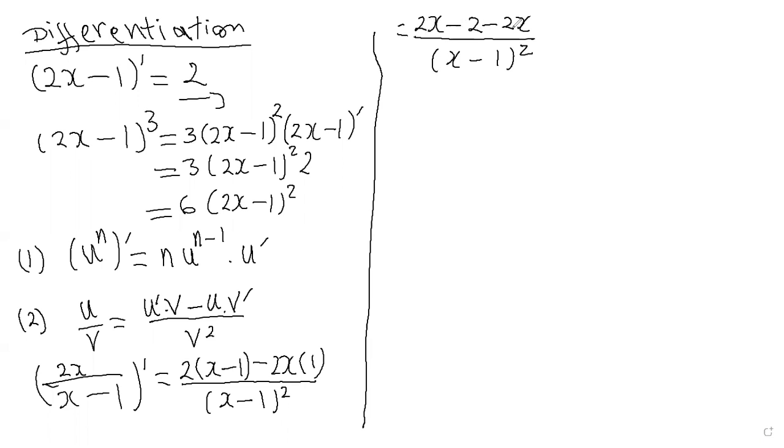Now you can see 2x minus 2x, you can cancel it. So you remain with minus 2 all over (x minus 1) squared. So this is number 2.